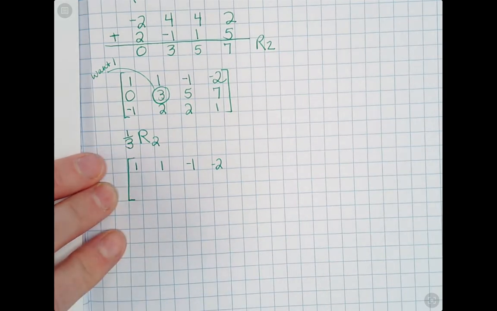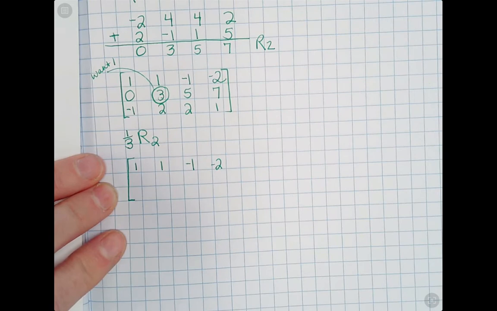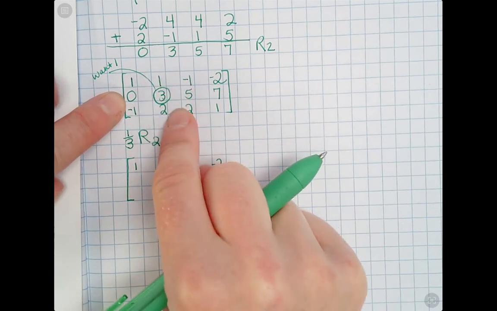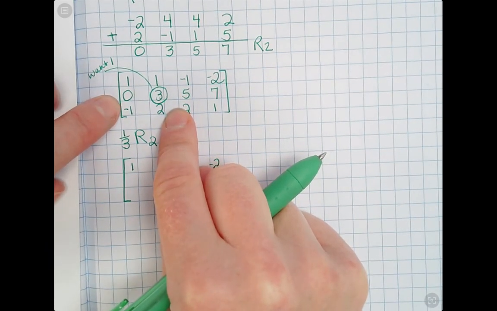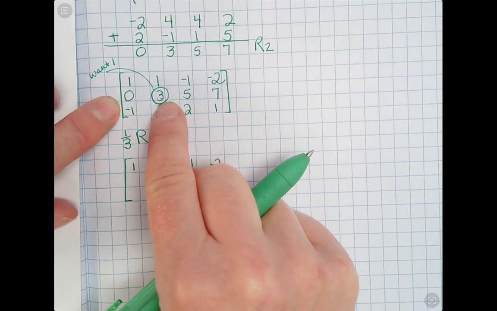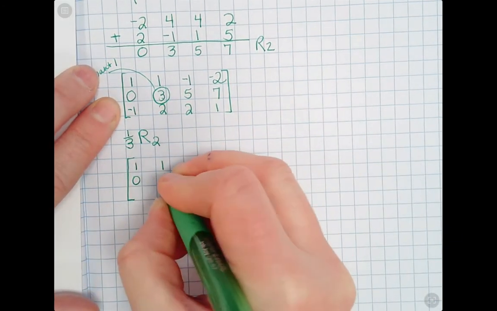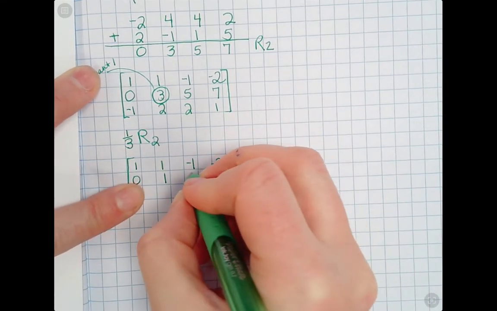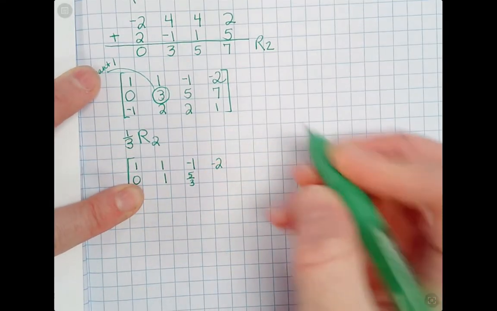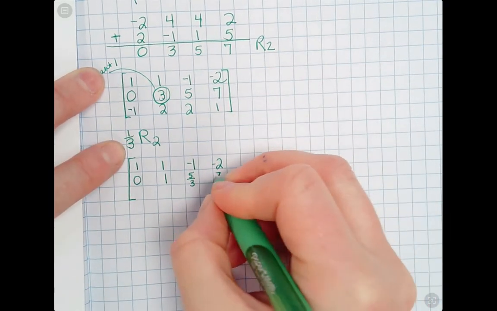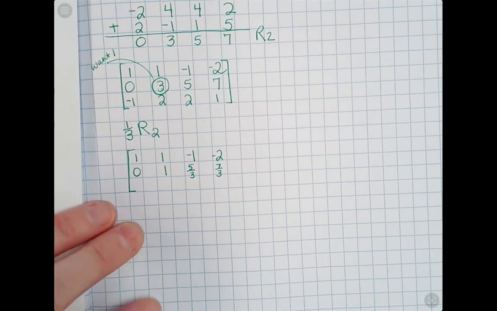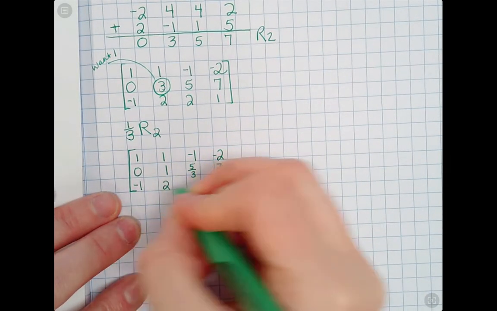So my whole goal is not to change that 0 from being the 0 anymore. I need to keep that to be a 0. If I added this or multiplied by something, that would change that 0 from being a 0. That's why we're multiplying now. So that'd be 0. Now it's a 1. 5 times 1/3, 5/3. And 7 times 1/3 is 7/3. So now we have a -1, 2, 2, 1.